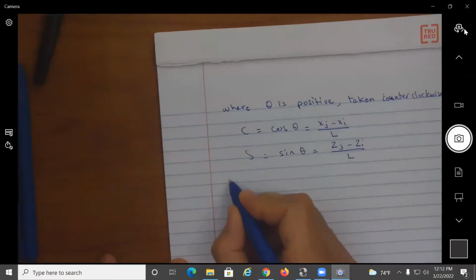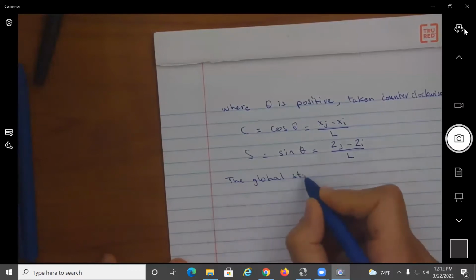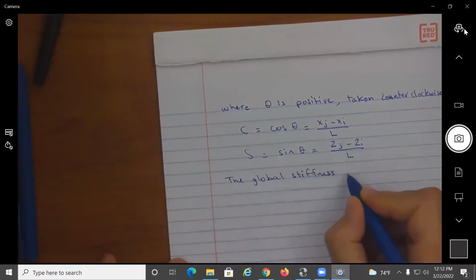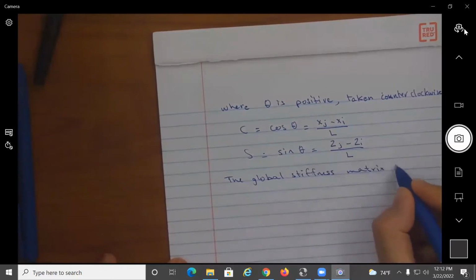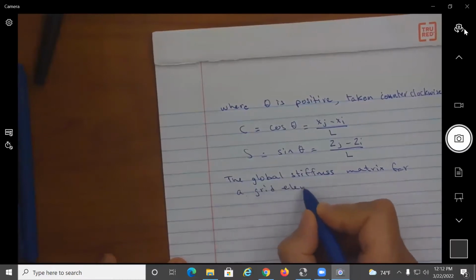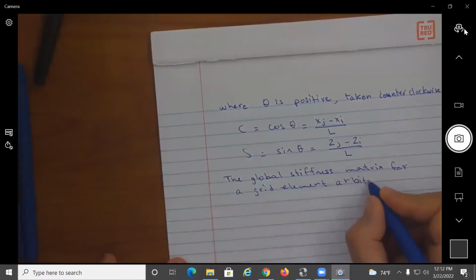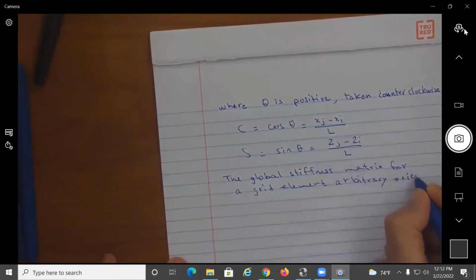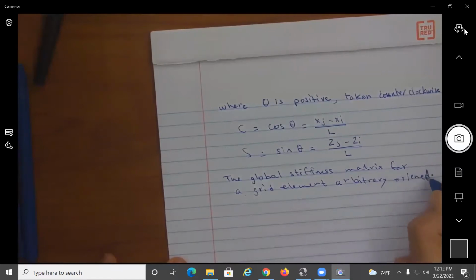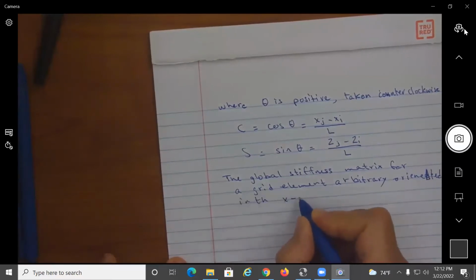Like we did before, we can find the global stiffness matrix for a grid element that is arbitrarily oriented in the xz plane.